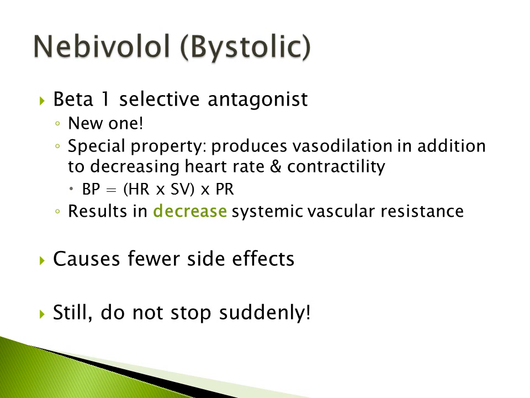What I want you to think about is that in addition to being really good at decreasing heart rate and contractility, this is also really good at decreasing systemic vascular resistance. So this guy is working on the heart rate, the stroke volume, and the peripheral resistance to lower blood pressure. For that reason, this is a really good medication to use.